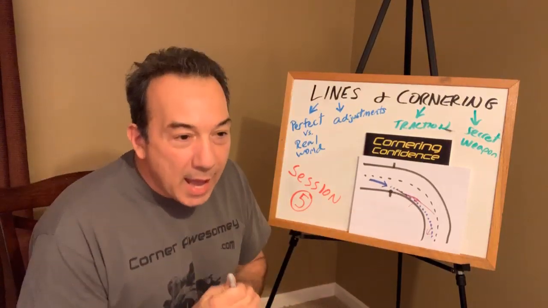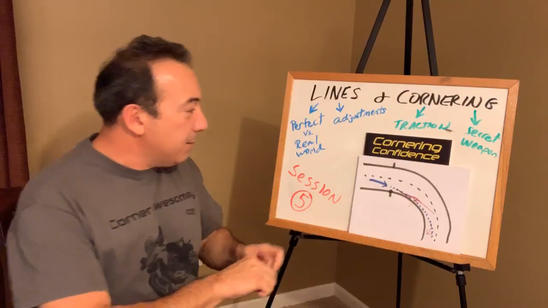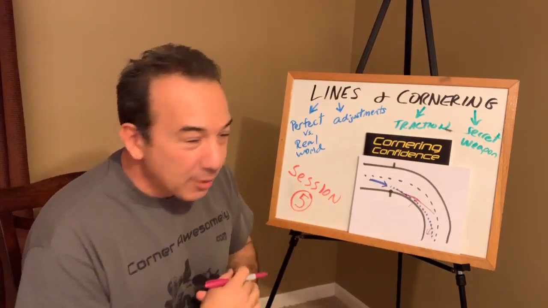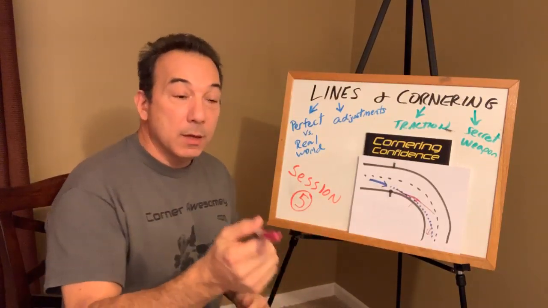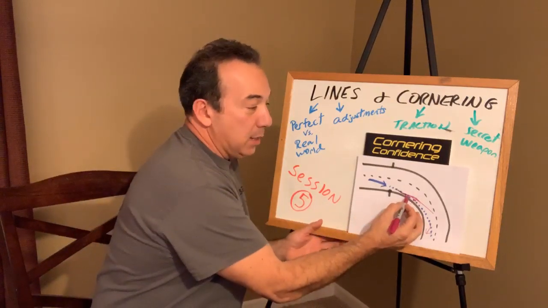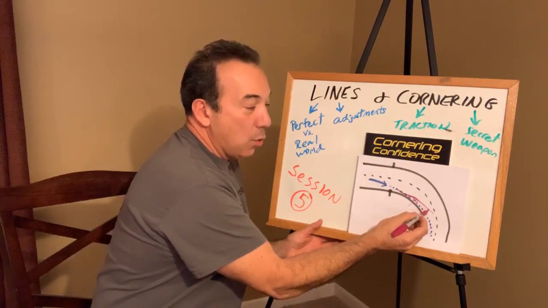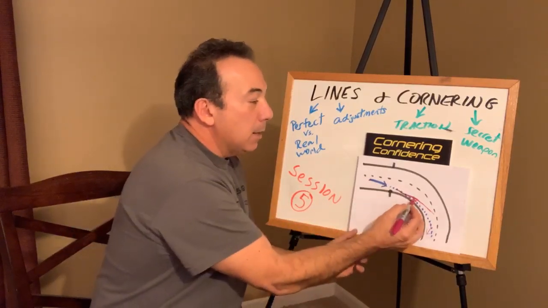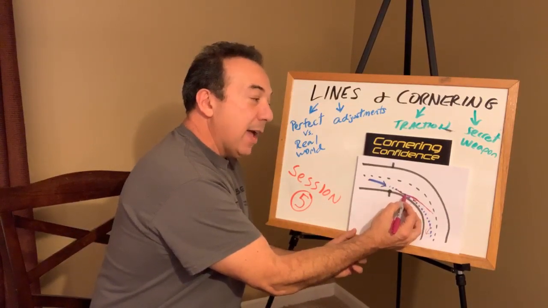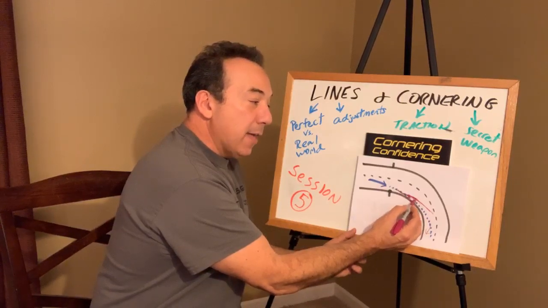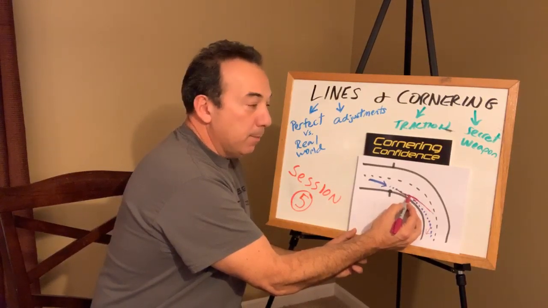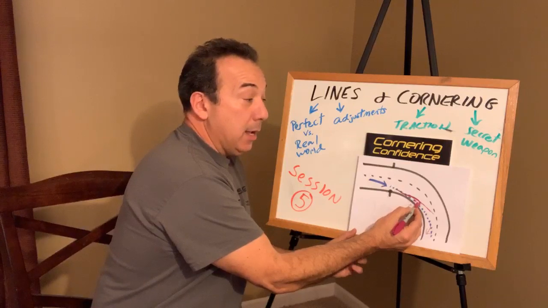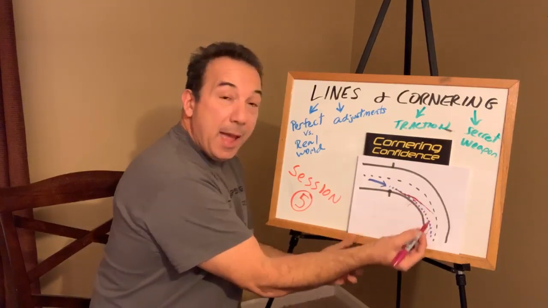And then we have, I believe it's Throttle, I hope I'm saying that correctly. The other way that we can increase our cornering arc, make it wider, is to add throttle. If I add throttle here, that will force me on an outside path.